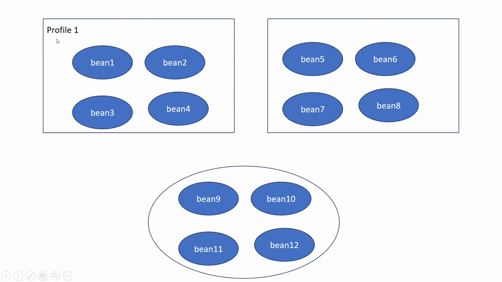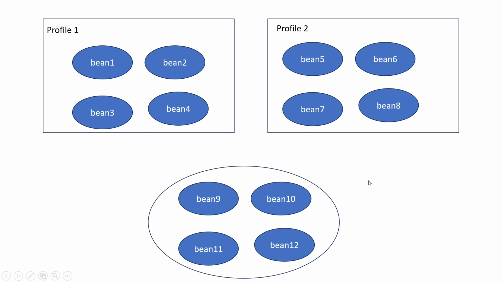I'm giving a generic name like profile 1, let's say. So when we activate this profile 1, and profile 2, let's say, these 4 beans are associated to profile 2. So profile 1, profile 2, I have 2 profiles for my Spring application, and bean 9 to bean 12 are not belonging to any profile.